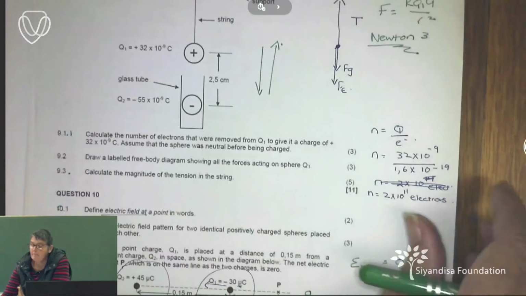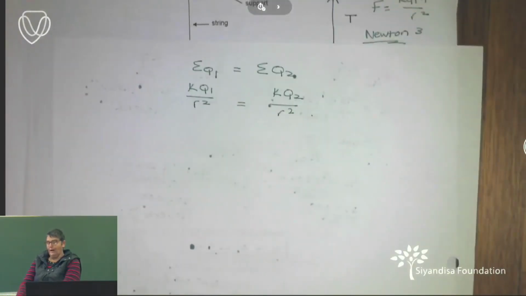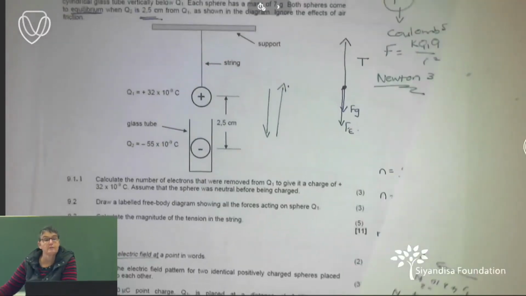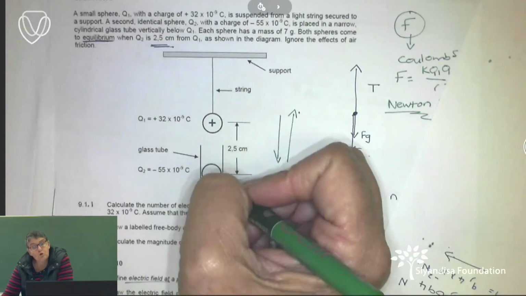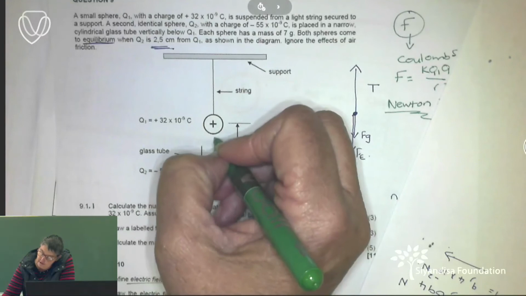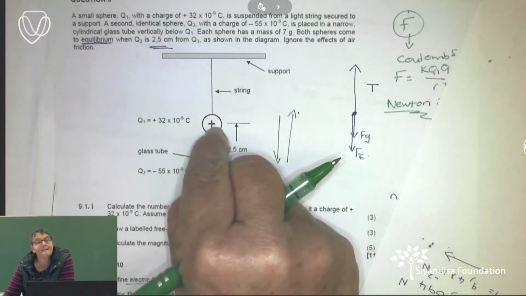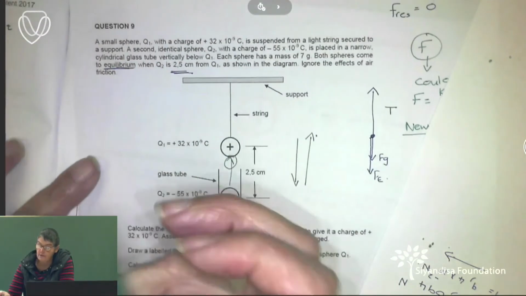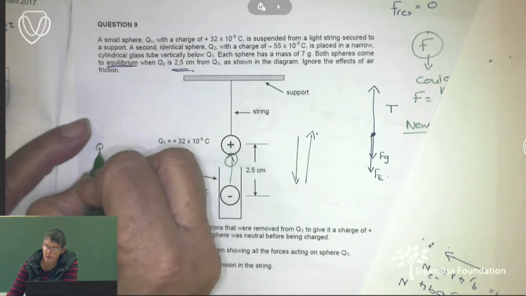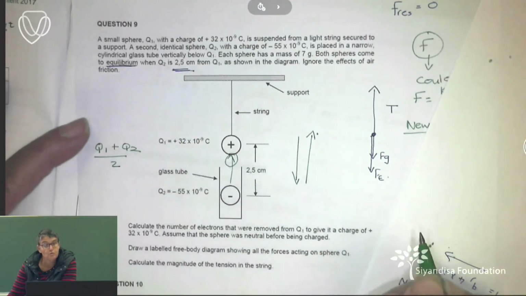One thing that you also need to remember is, if you have two charges, let's look at this sketch here. We have these two charges. Let's say, for example, the question said that these two touched. And remember, the minute they touch, we get the touch-and-separate: Q1 plus Q2 over 2.